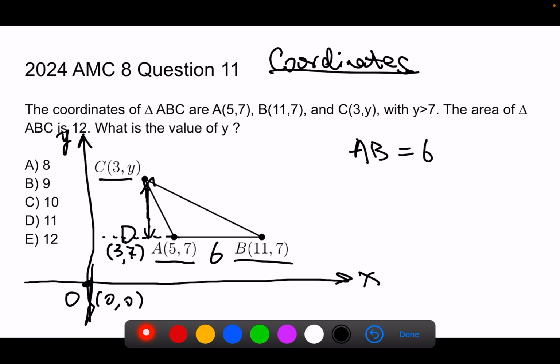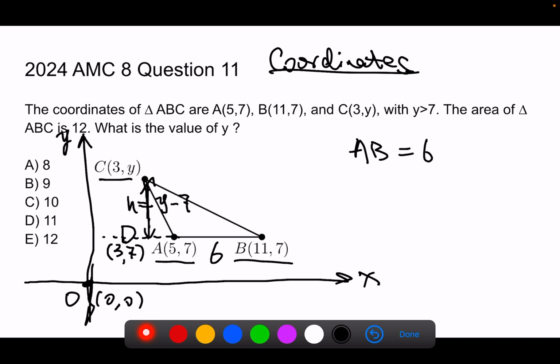So D is going to be (3, 7). And in that sense, the height of this triangle is equal to y minus 7. That's why coordinates make a triangle's area easier to calculate, because you don't need to use all the trigonometry stuff. You just need to see what's the difference in y and what's the difference in x in this scenario.